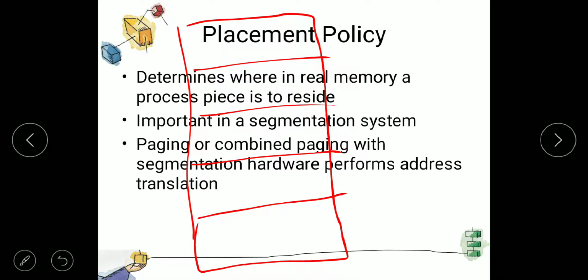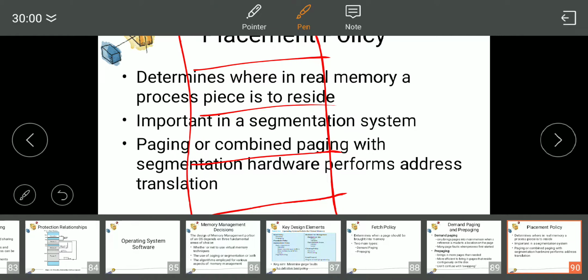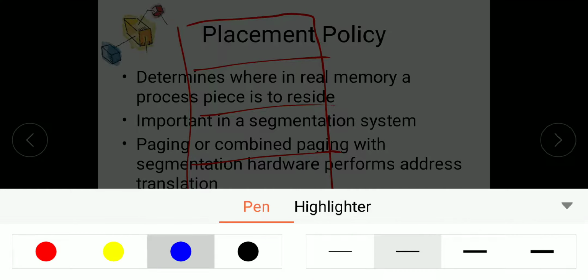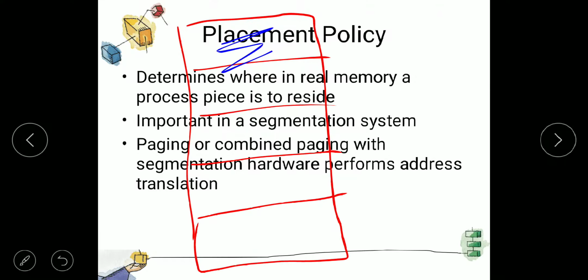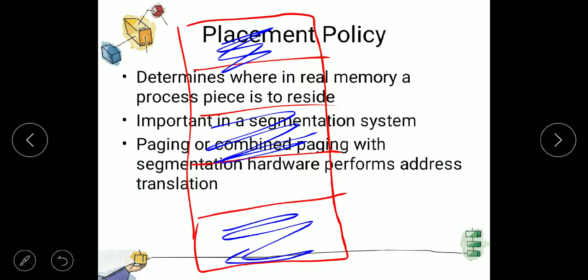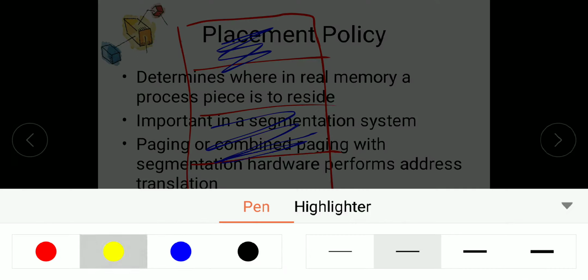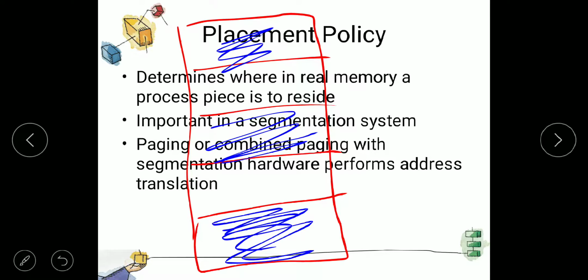Let's assume this is filled and this is filled with some pages, and these two. The yellow colored highlighted areas are free spaces. Now the CPU demanded some page. By fetch policy we have fetched it, and now we need to use a placement policy.